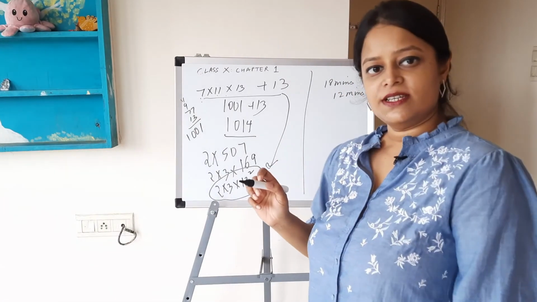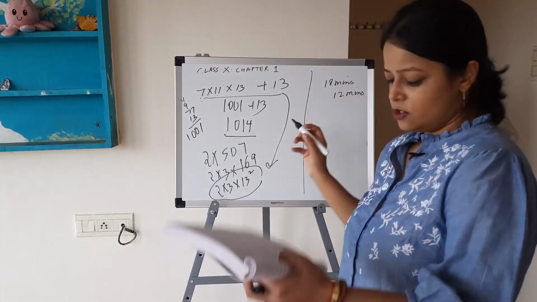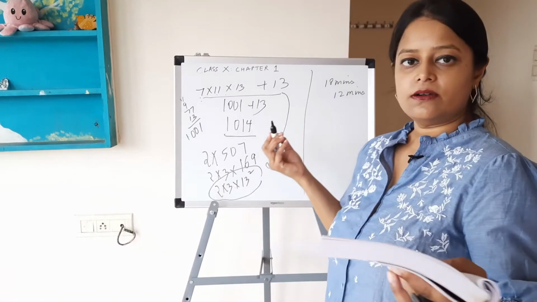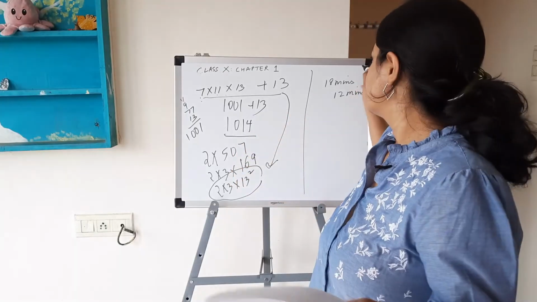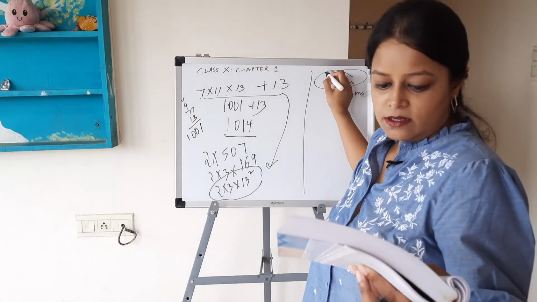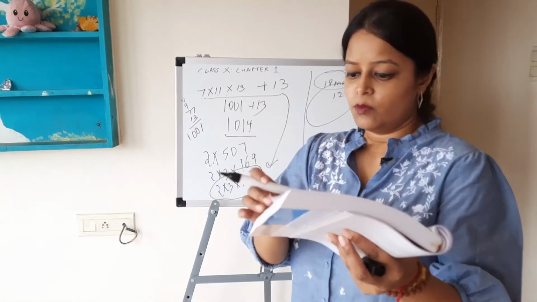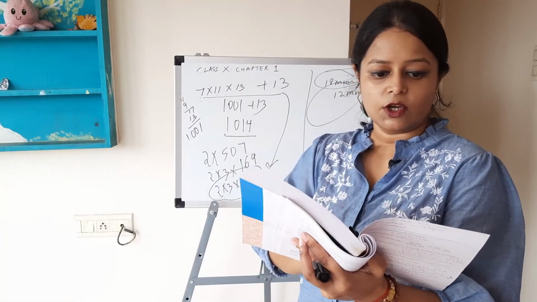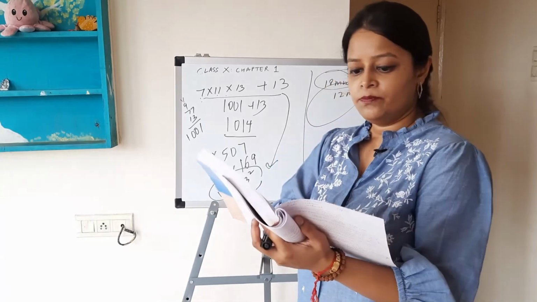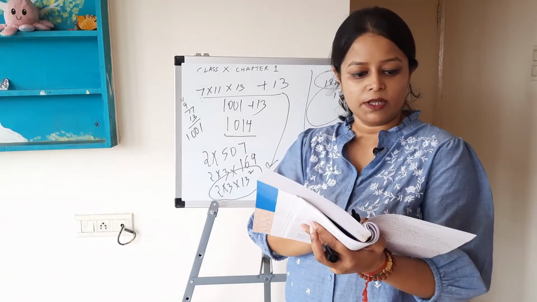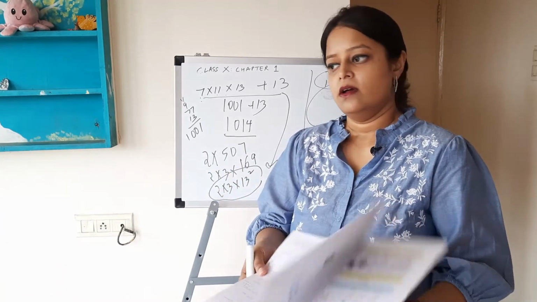The next question is, there's a circular path around a sports field. Sonia takes 18 minutes and Ravi takes 12 minutes for the same. If both of them start at the same point at the same time and in the same direction, after how many minutes will they meet again?